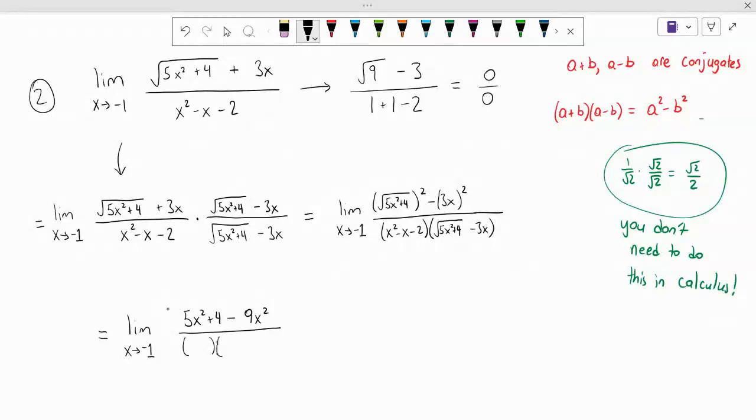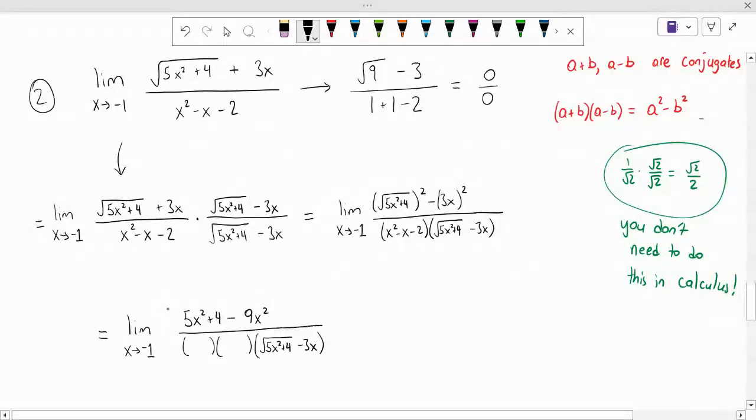And then I'll jump ahead a little bit here to save some time. I want to factor the polynomial that was in the denominator.